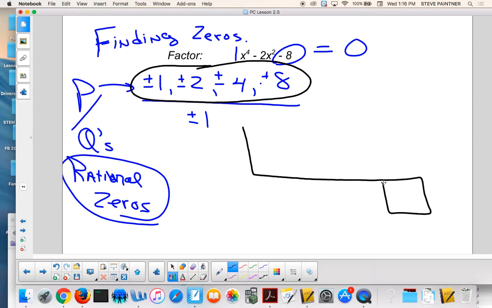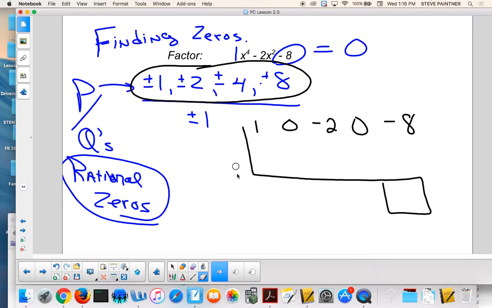4 works. Did you try it? I did. Sylvester says 4 works, right? Okay, let's try it. I got a 1. I got no x cubed. I got -2. Oh, I forgot. I got 0 here and -8. Now you tell me it doesn't work. No. Okay, 2 works though.